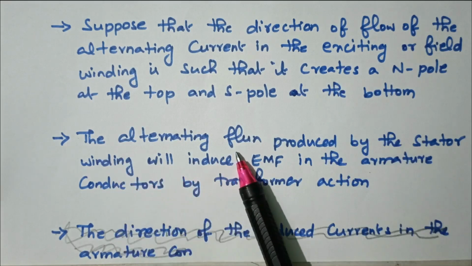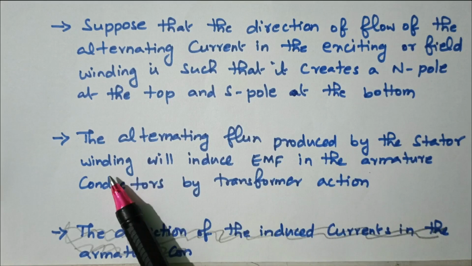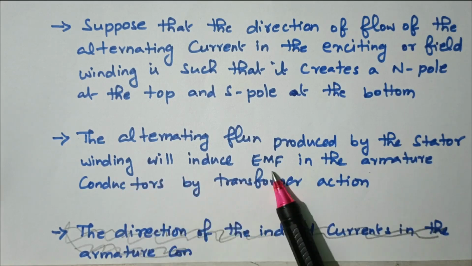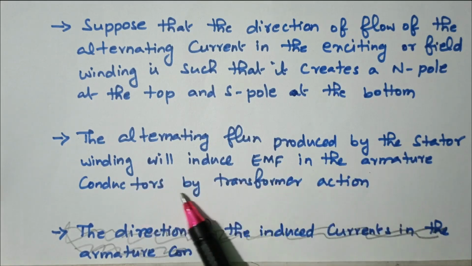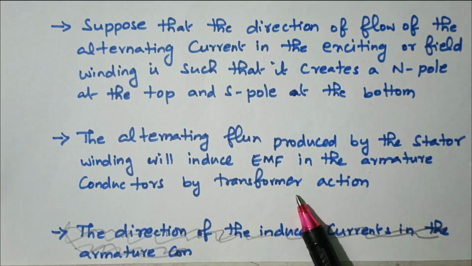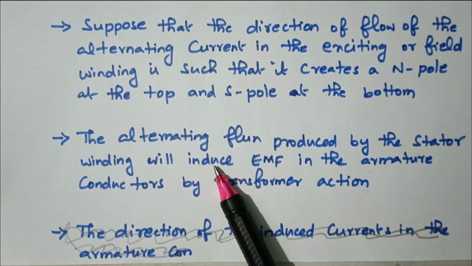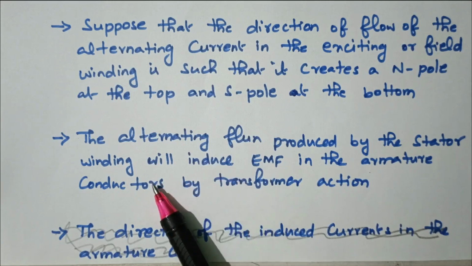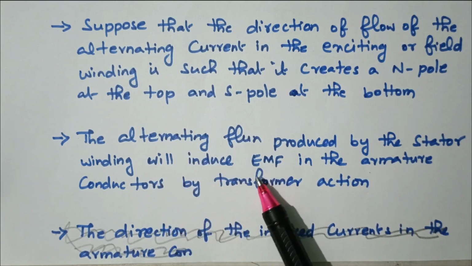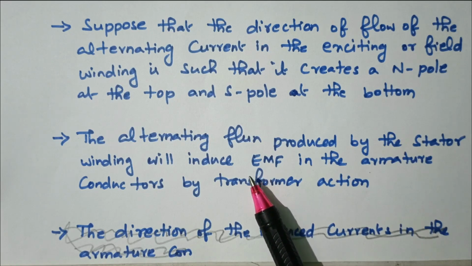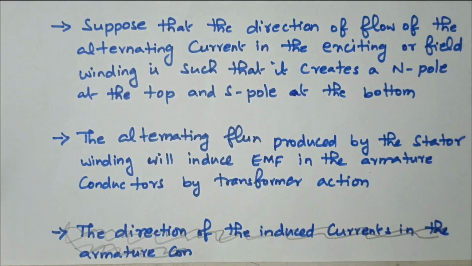The alternating flux produced by the stator winding will induce an EMF in the armature conductors by transformer action. So only in the vertical position of the brushes is the EMF induced; in the horizontal position, EMF is not induced. That we refer to in diagram A and diagram B. Now we'll go to the next description.